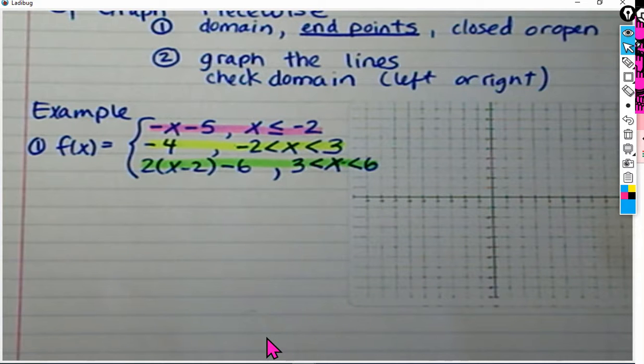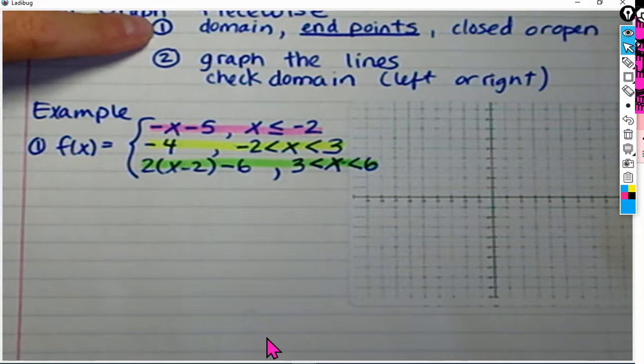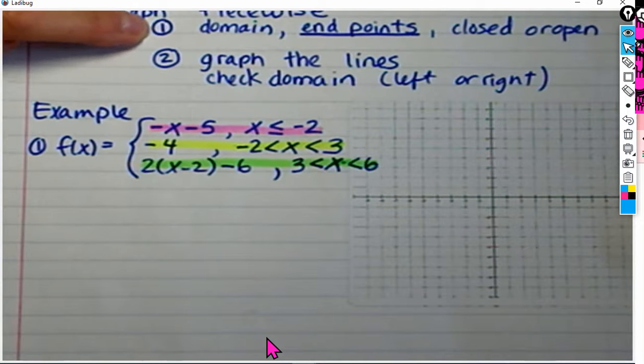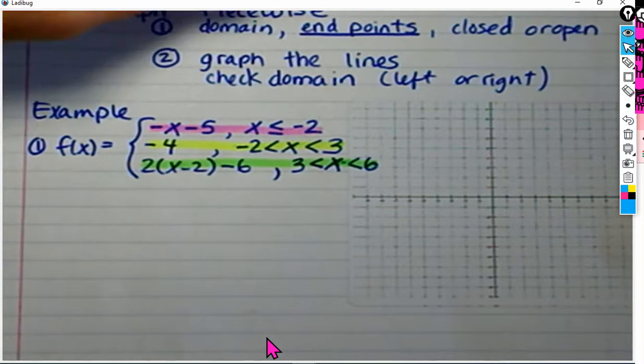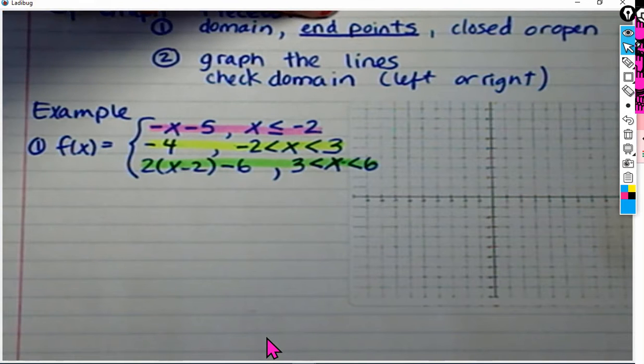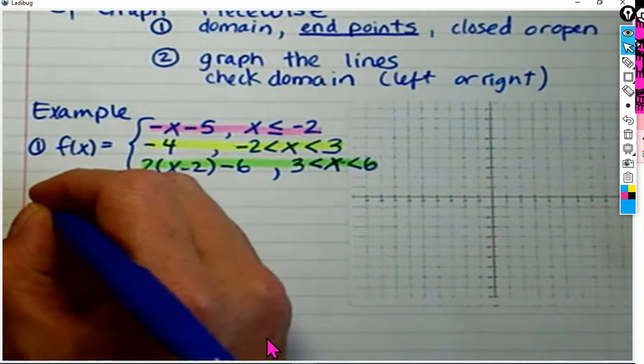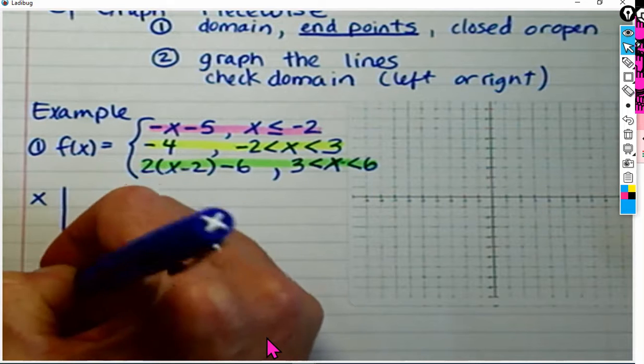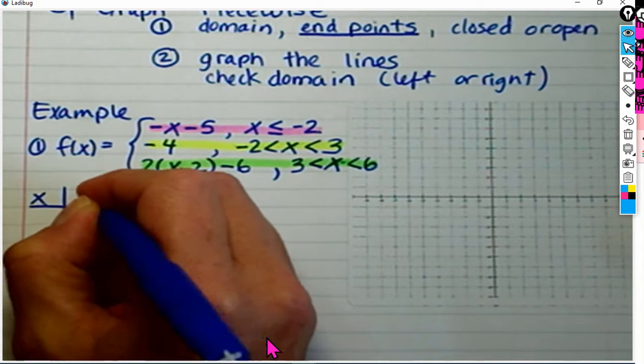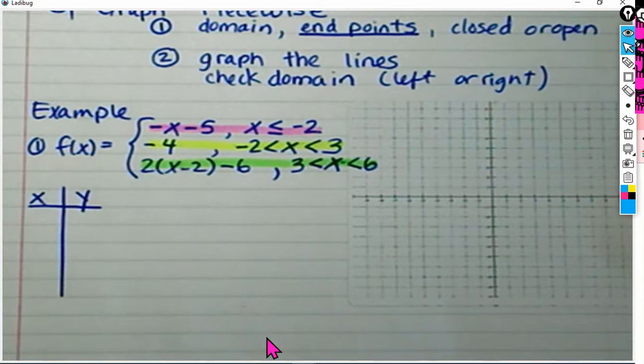And I'm going to go back and look at my directions. The first one says, look at the domain and determine your endpoints, whether they're closed or open. So I'm actually going to make a table over here, which is the evaluating that we just did. Right? We plugged in points.